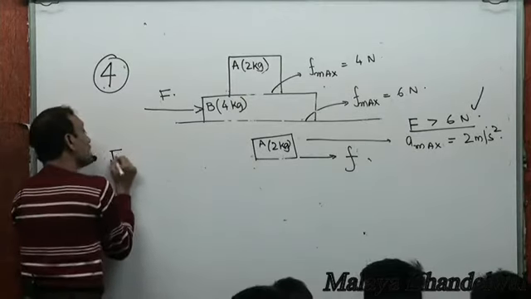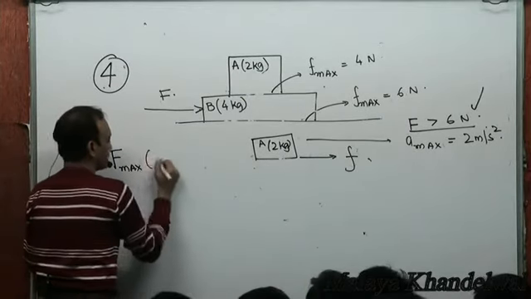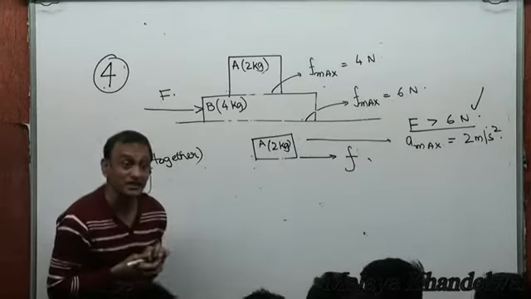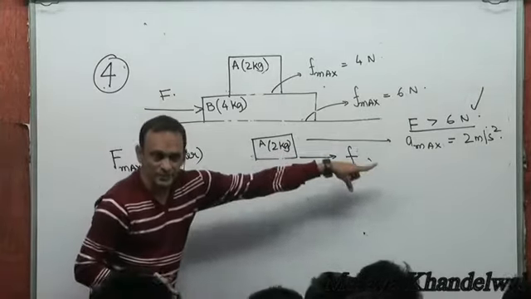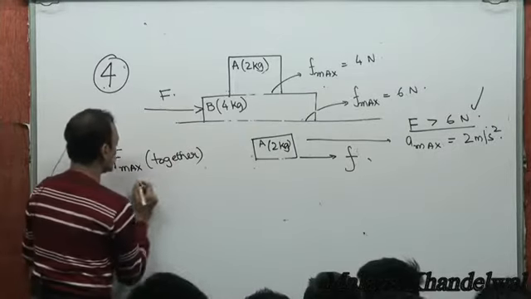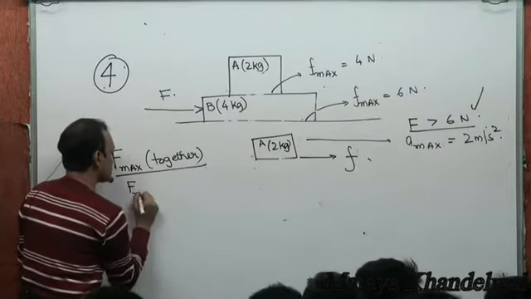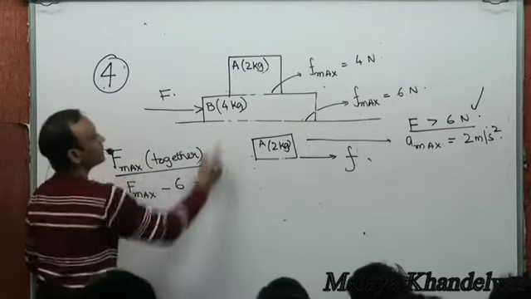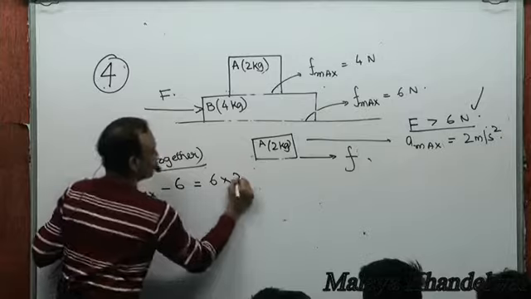So the maximum F so that they can move together, about their maximum common acceleration of 2 meters per second squared, is obtained by F max minus 6 newtons equals 6 into 2. Yes or no?